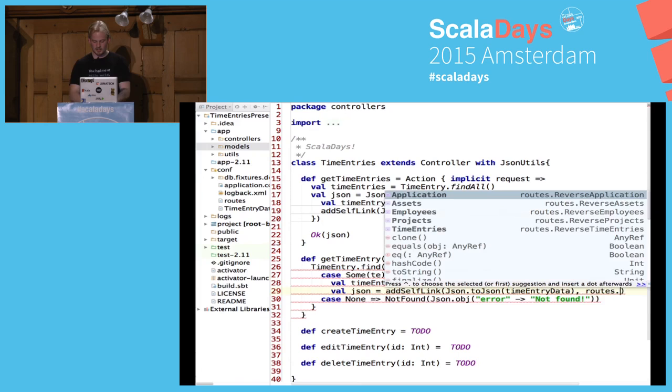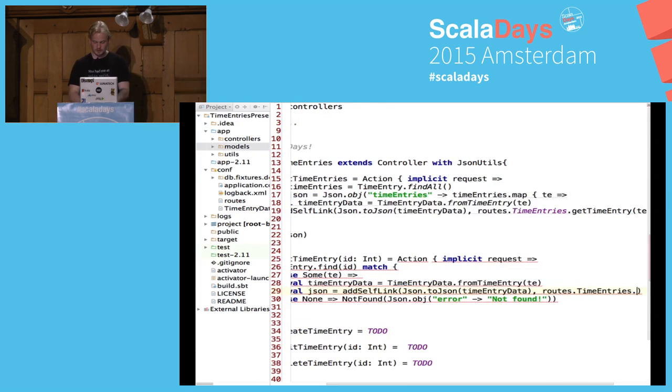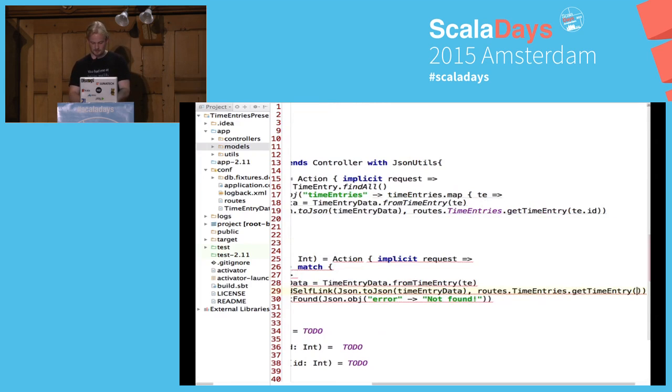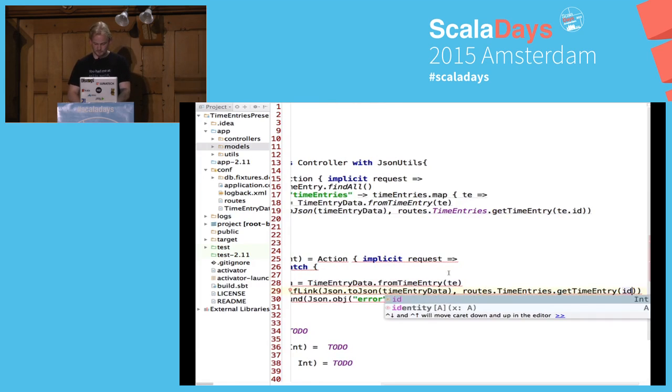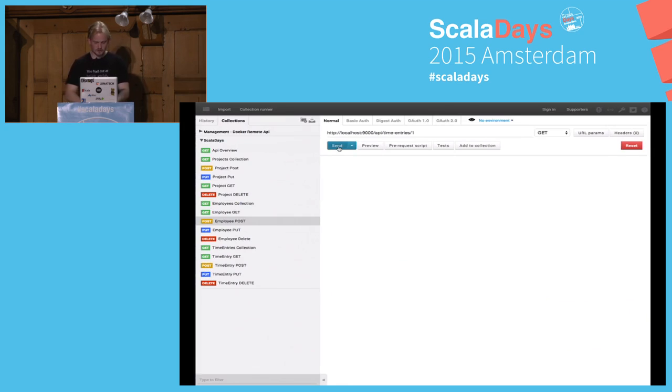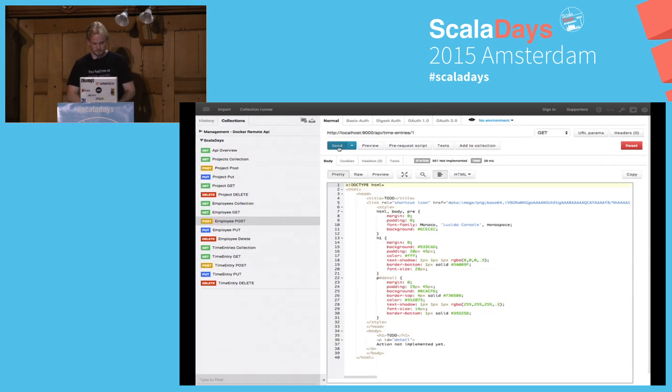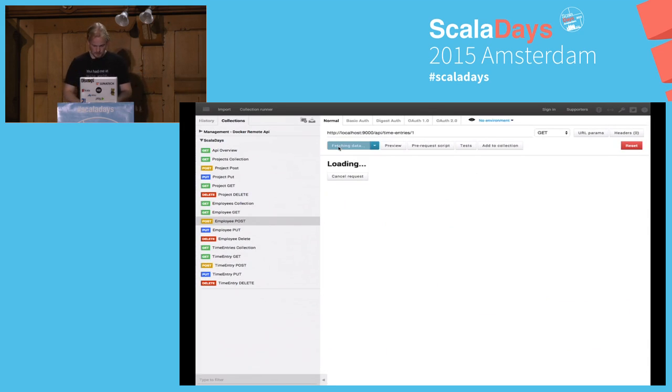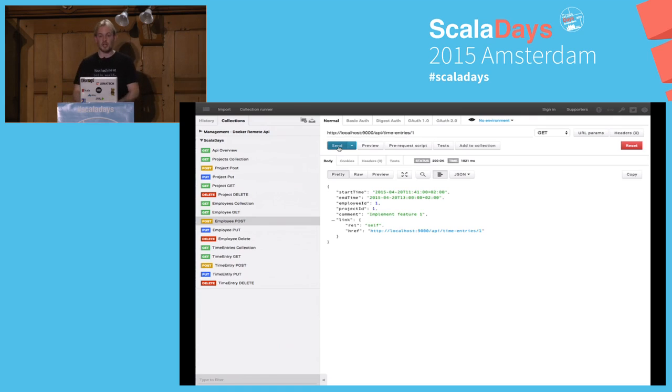And then again the call to the routes. So in this case, that's the getTimeEntry with the ID. And once you created that JSON representation, you want to give it back as an Ok with the JSON in it. So now if I send a request to time entries /1, this will give me back the individual time entry.